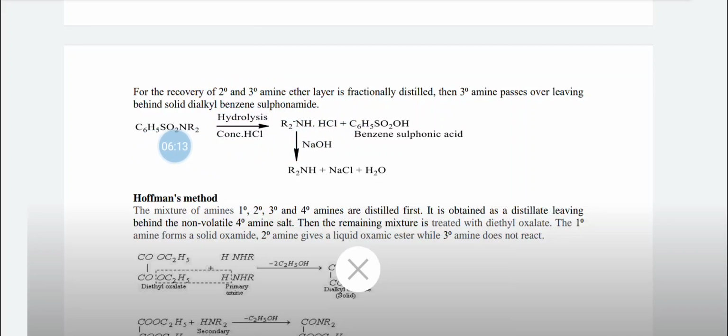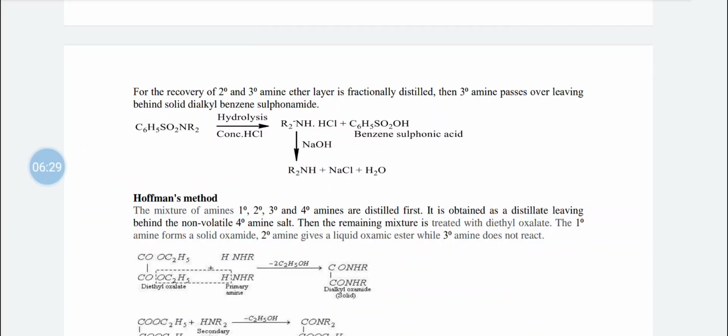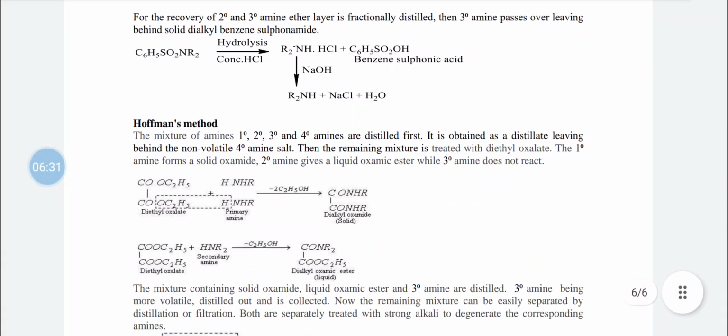And this dialkyl benzene sulfonamide, on hydrolysis in the presence of concentrated HCl gives R2NH2Cl, which on treatment with NaOH gives the secondary amine. Thus, the mixture of primary, secondary and tertiary amines can be separated by using the Hinsberg reagent or benzene sulfonyl chloride.